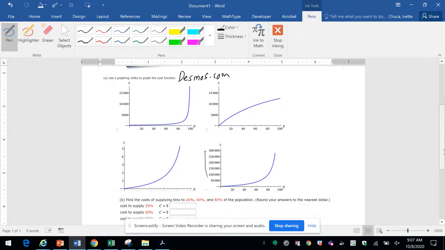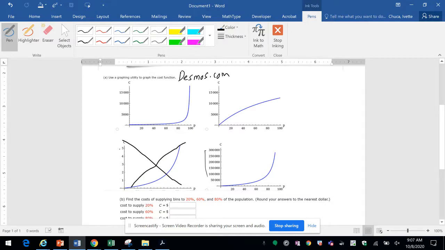Okay. So we can make some conclusions here. We know that it's not going to be this one because the c values don't make sense. And then for this one, maybe, but we can look at it in a little bit. And then here, maybe, and then this one, maybe.